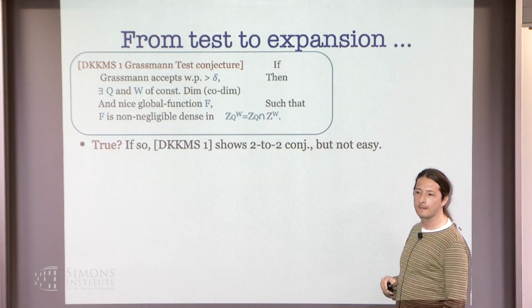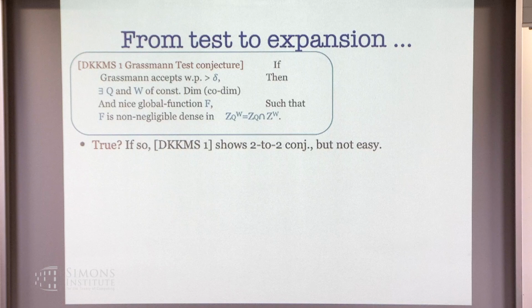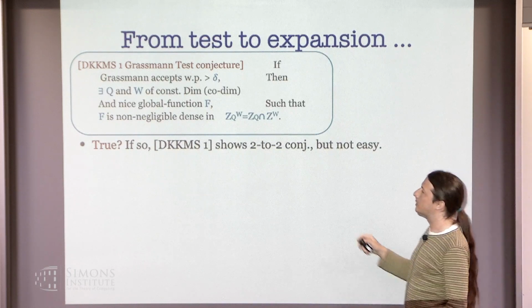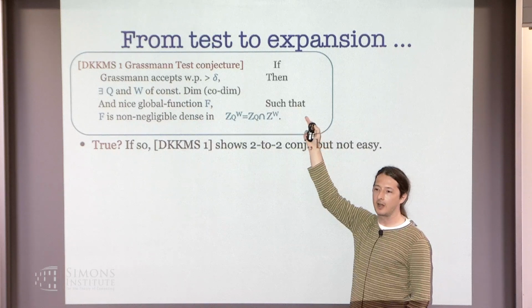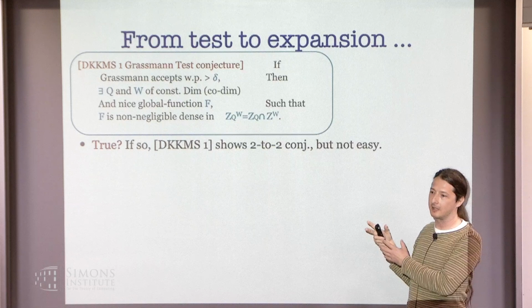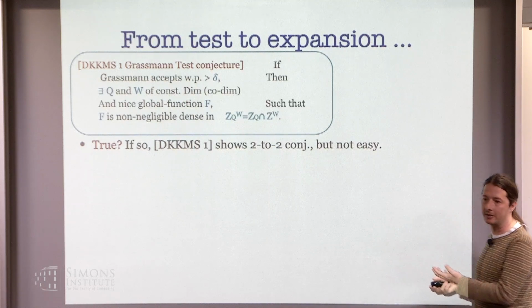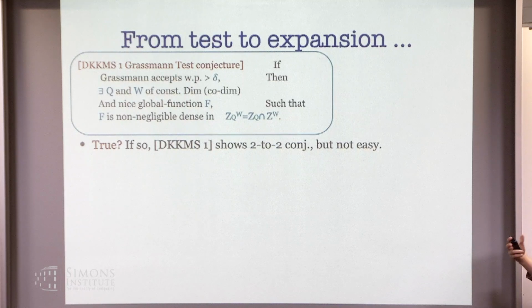Maybe uniqueness of Q and W. I don't need uniqueness of Q and W, and actually what I do use is that if there are such Q and Ws, because that's such a tiny set, then they can't explain all of the acceptance probability of this test. There must be also other Qs and Ws that exist.